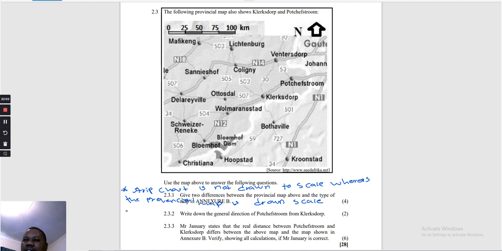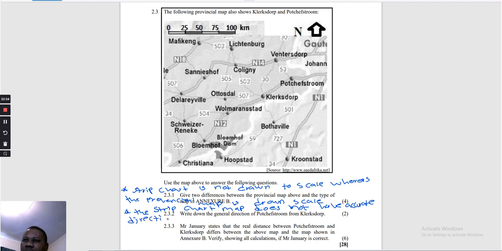Okay, again, I think they say 2. So now the first one and the second one. The strip chart map does not have accurate direction.